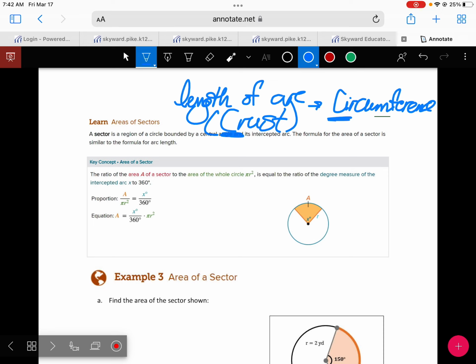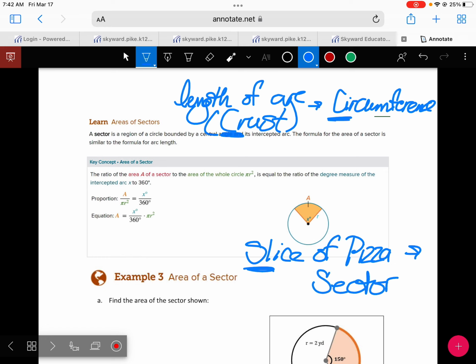A sector looks like a slice of pizza, a whole slice of pizza, and to find that slice of pizza, we use what's called a sector of the circle.